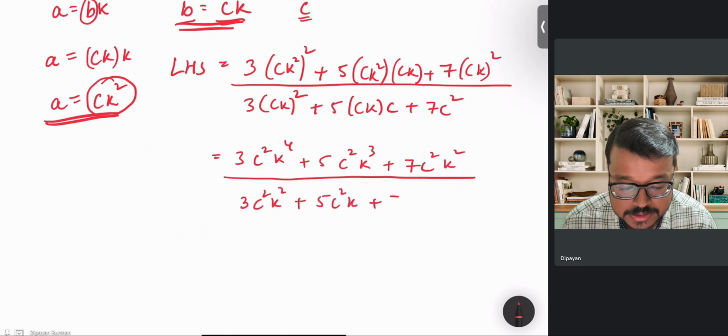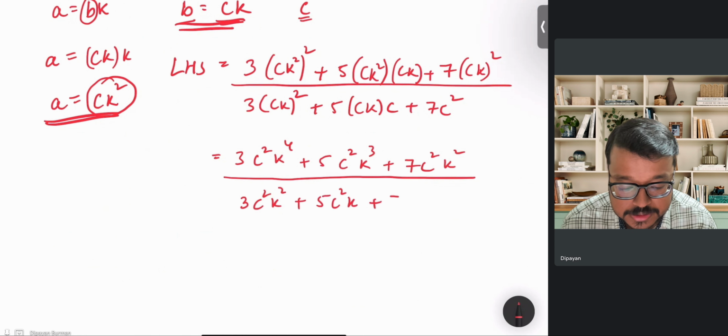Okay, now if I look at the numerator, C square is there in all the terms, and maximum I can take K square also as common. Then what remains is 3K square plus 5K plus 7. And from the denominator also I see that C square is common but not K. We don't have K in the last term, so C square is common. Then what remains is 3K square plus 5K plus 7.